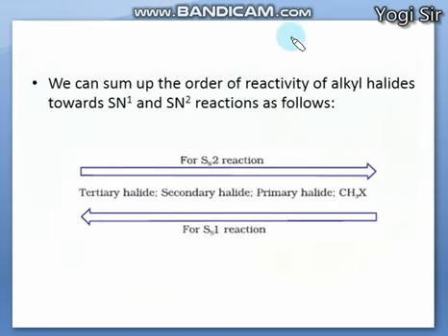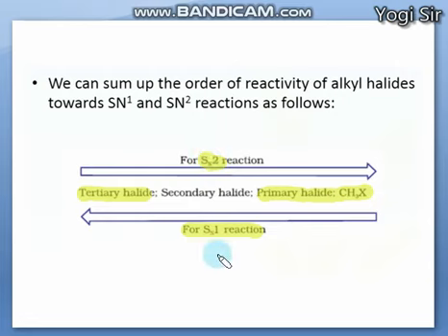You can see it is nicely mentioned here that as we go towards tertiary halide, it favors the SN1 mechanism, and as we go towards primary alkyl halide or methyl halide, it follows the SN2 mechanism. So this nucleophilic substitution can be SN1 or SN2.